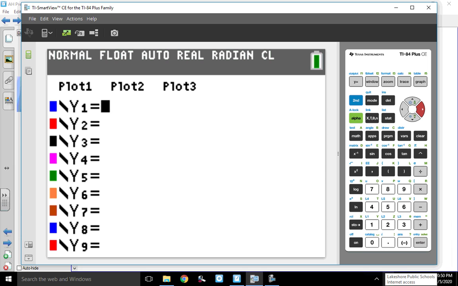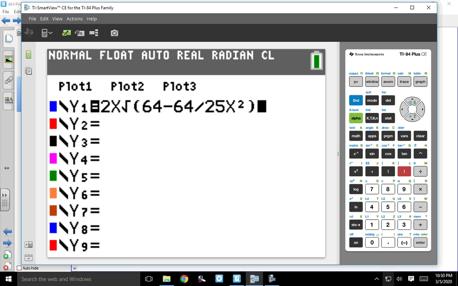Again, our equation was 2 times x times the square root of 64 minus 64 over 25 x squared. All right, just make sure that you got that punched in there correctly. It's not a nice equation there, but nonetheless, this will be our equation that will give us the area.